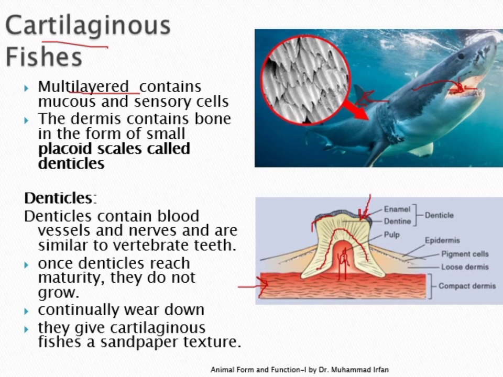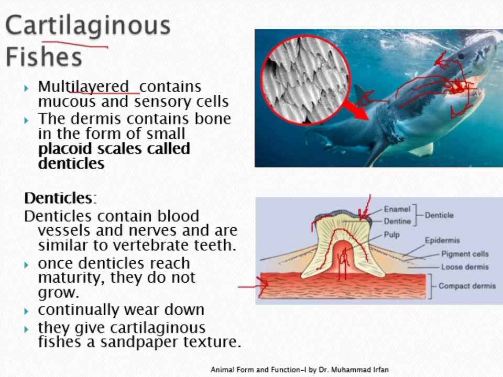But some people say it is the other way around, that the oral teeth came onto the surface of the fish. So it is still not known whether the dermal denticles or dermal scales evolved from oral teeth, or oral teeth evolved from the dermal scales.